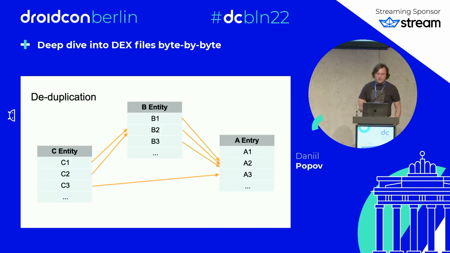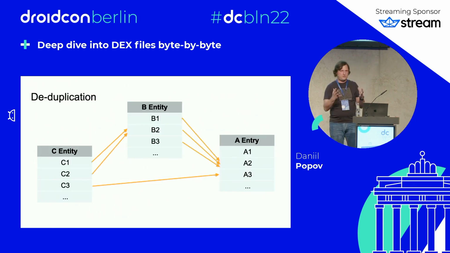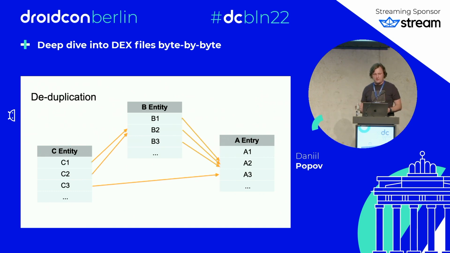And here comes the main idea, as far as I see it, of the DEX file. It's about deduplication. So instead of having the same entities here and there multiple times, we just put them in the dedicated table and then only operate with indices inside this table.